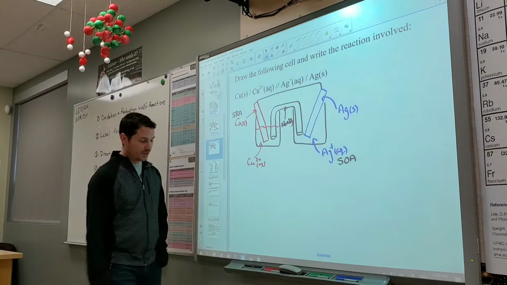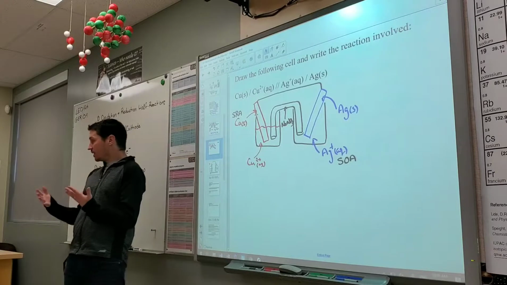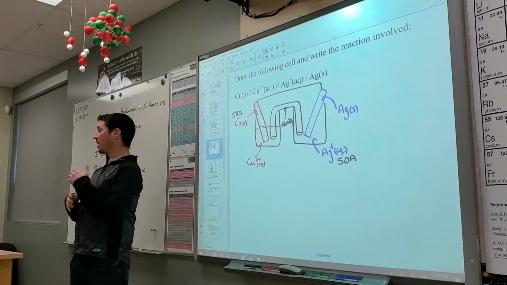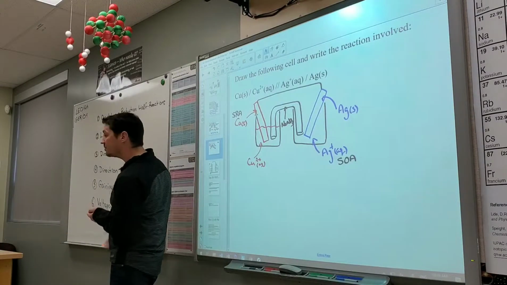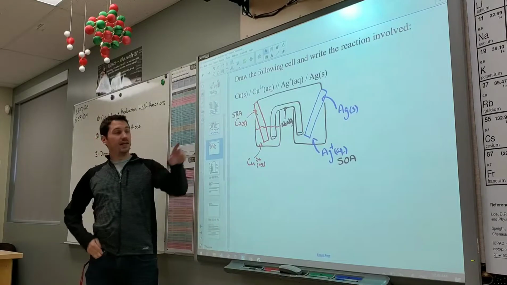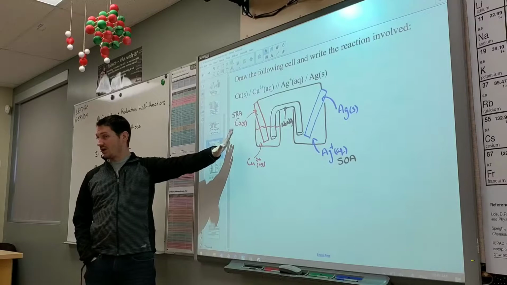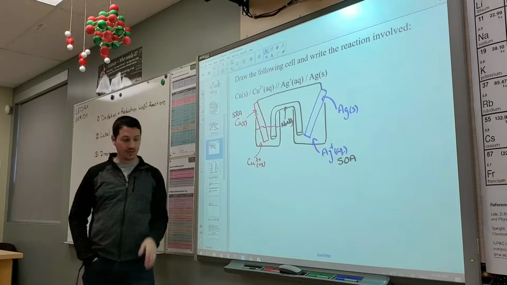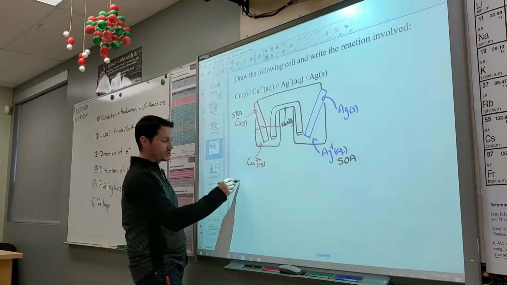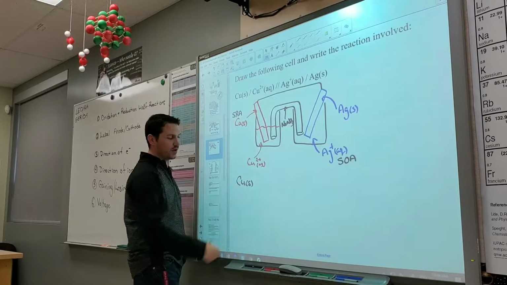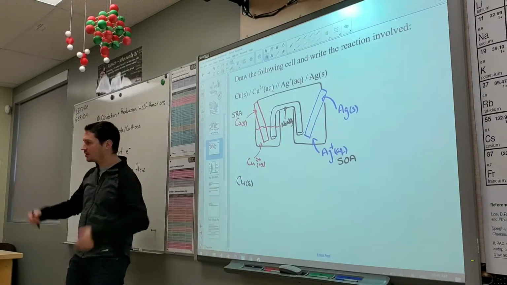Okay, no problem. The way I always try to go about this in a very systematic way is, if this is the strongest reducing agent, then that's the thing we're starting with. That's the thing that's actually reacting. So you have to start with copper solid. Now what could copper solid turn into?